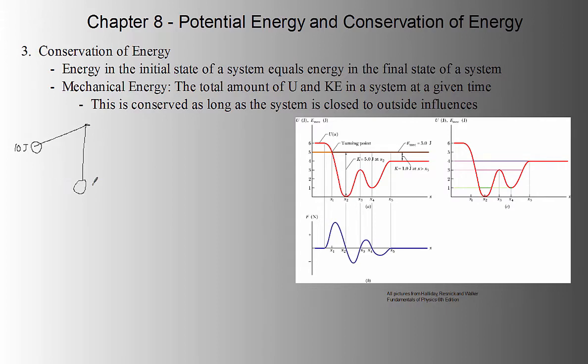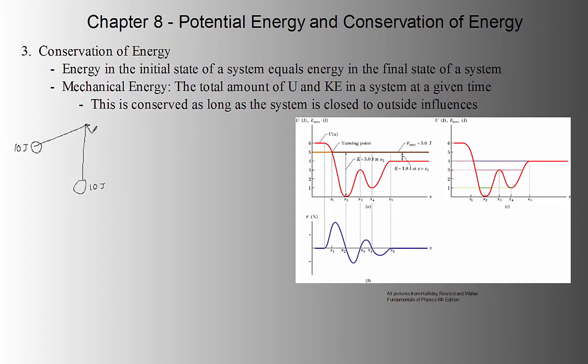So down here, there would still be 10 joules of energy in the system, but if this is as low as the system can go because the string can't allow it to go any farther, then all of the potential energy is gone. It has no more potential to drop any farther, and all of the energy is in kinetic energy now.